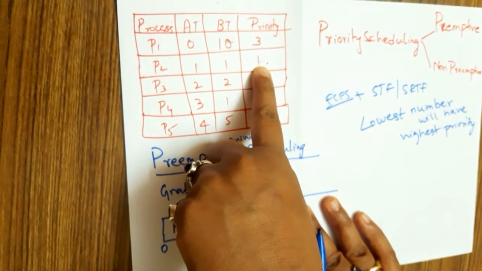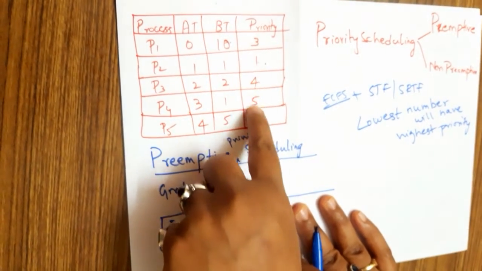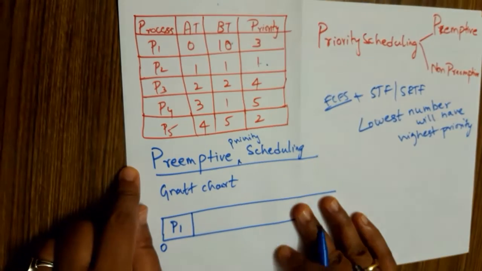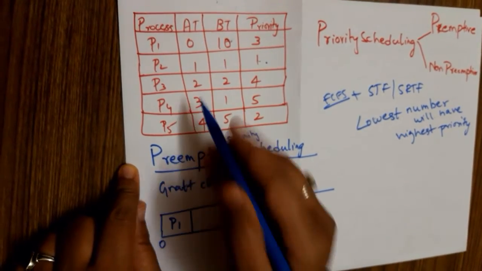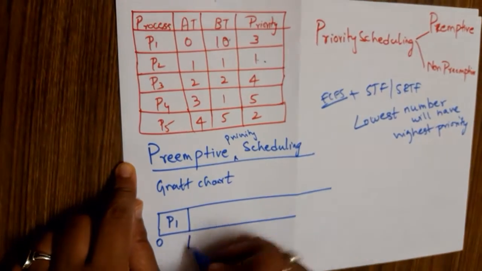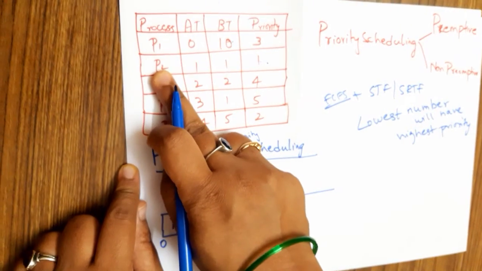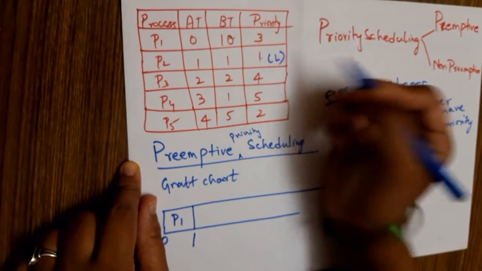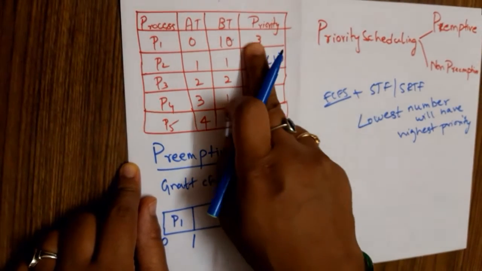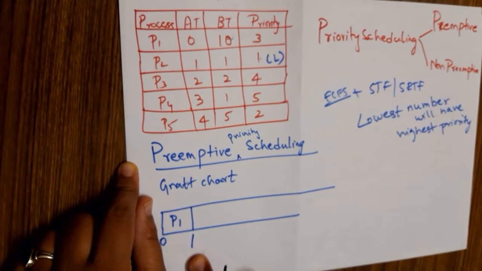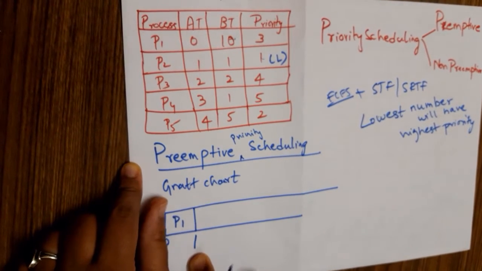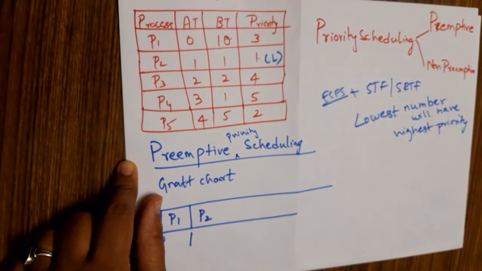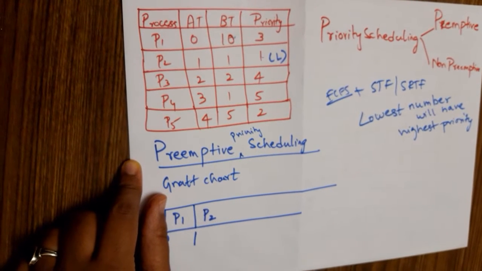Because it is a priority scheduling algorithm. Based on the priority, you schedule your processes. So at time 1, process P2 has come with the lowest number compared to process P1. So P1 will execute for 1 millisecond. Next, process P2 will start its execution.